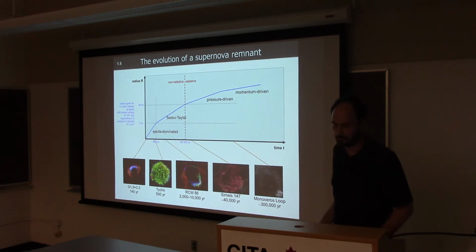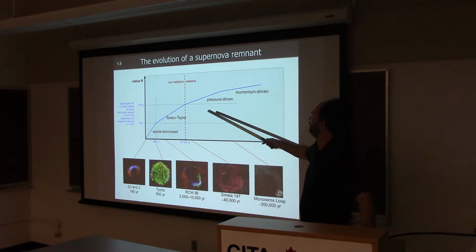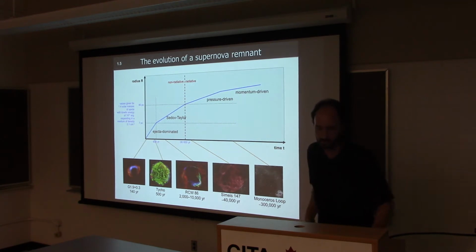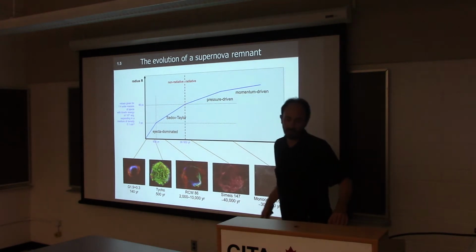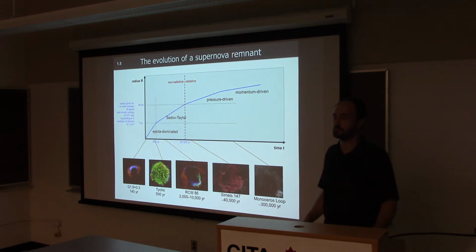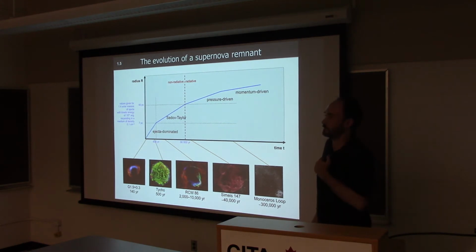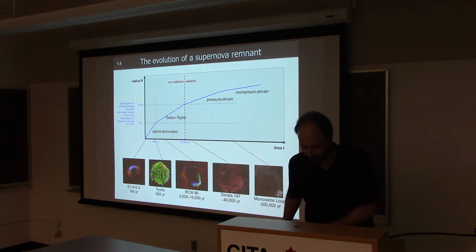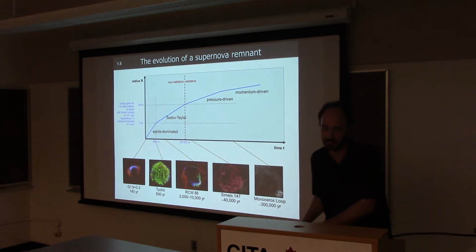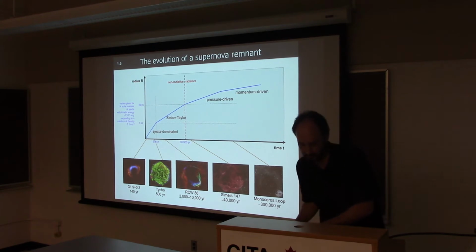And then they will enter different phases, and eventually they will merge into the ISM. But I'm not concerned here with the late phases, but more with the young phases, both for particle acceleration, which I was doing before, and to link them with the explosion, which is like the initial condition. So the question will be, for how long can you see the impact of the explosion?